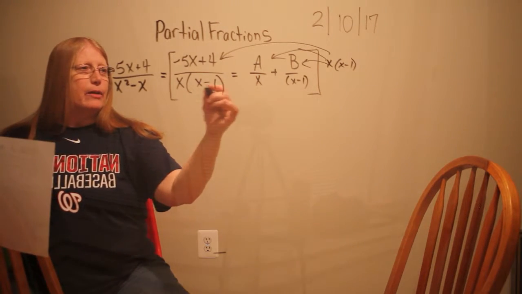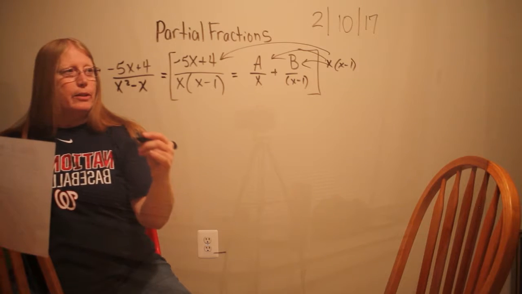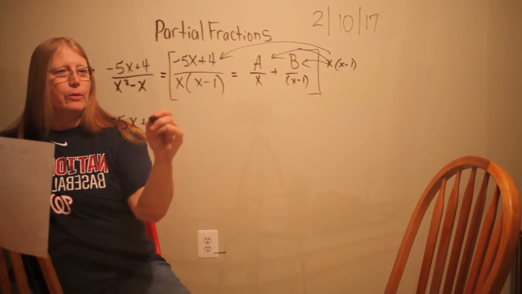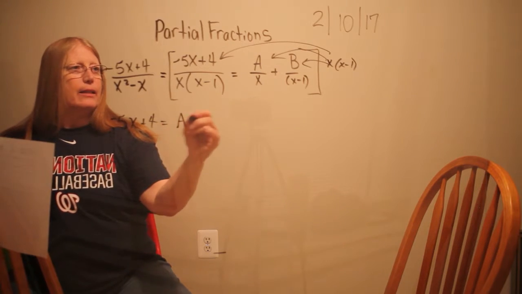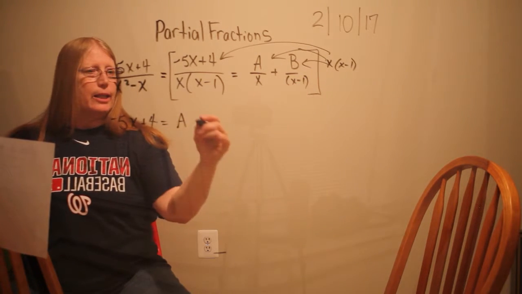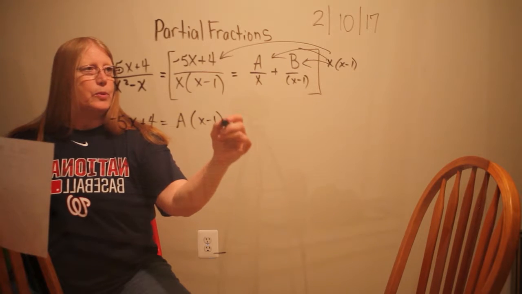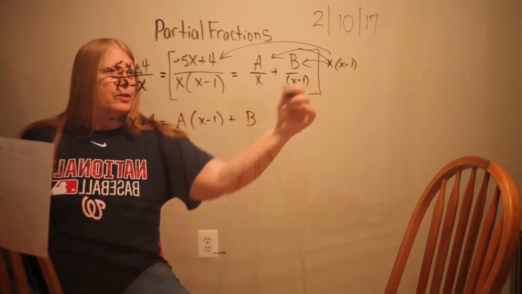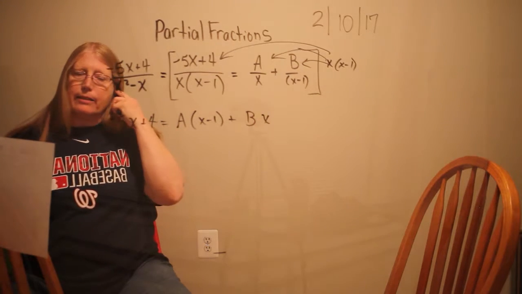This denominator will cancel this whole multiplier, and just leave the numerator. The x and the x will cancel, but it will leave the x minus 1. And when they come to the B term, the x minus 1's cancel, leaving the x.